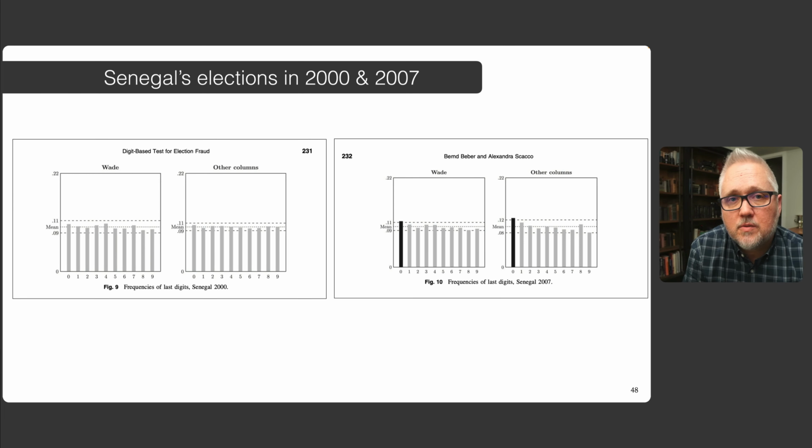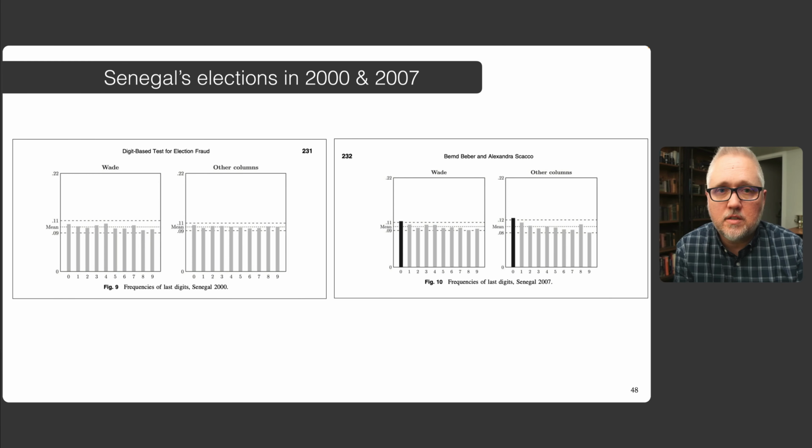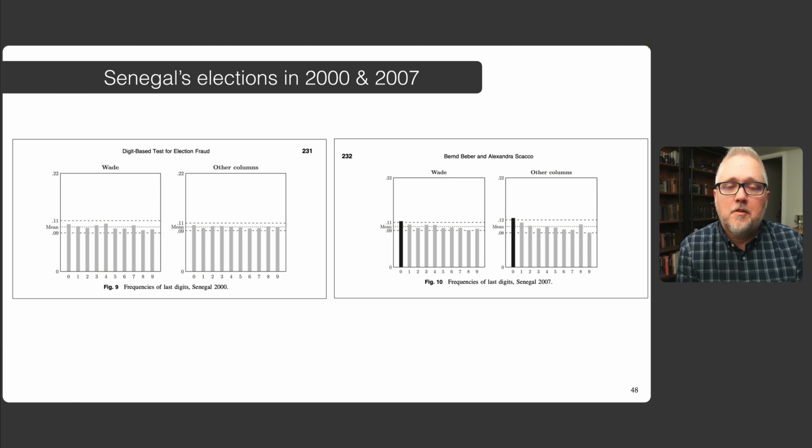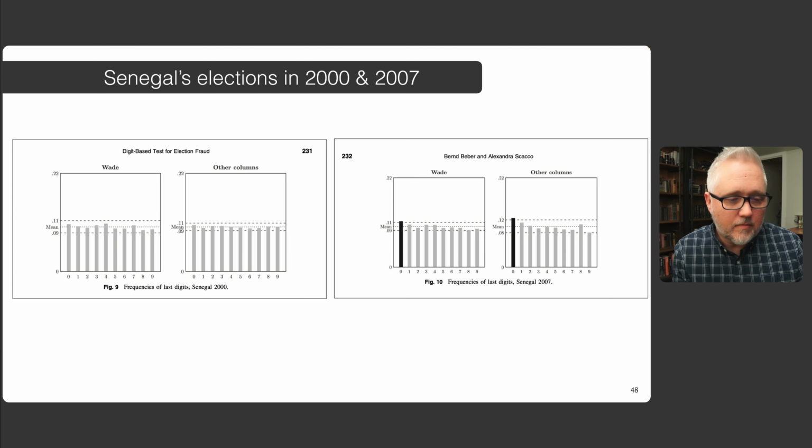And you can also see this just within one country over time. The paper talks about how there were more allegations of fraud and a less free and fair election in 2007 as opposed to 2000 in Senegal. And you can see that also with the 0 digits being overrepresented here, which I think is, for me, a simple but interesting example for how we can take probabilities that should be completely flat and apply them to understand something as basic as the last digit of polling results for particular candidates or political parties, to potentially tell us something is anomalous or not what we would expect.